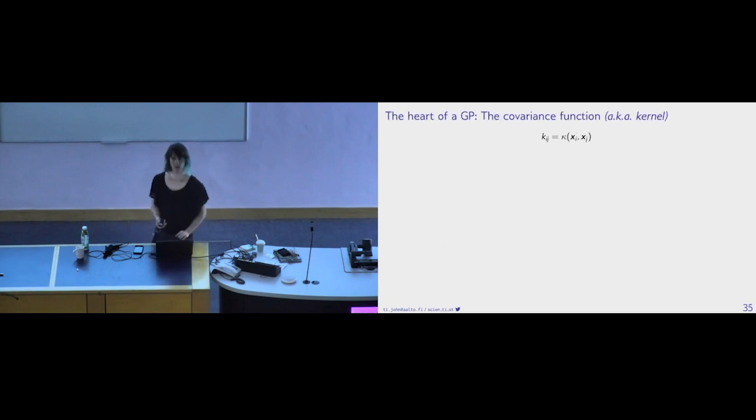Okay, so I talked about the covariance function and how it encodes similarity. Really, the covariance function is at the heart of Gaussian process models. Another word for covariance function is kernel or kernel function. Sometimes you see people use both in a paper or only one, but they're effectively the same thing.